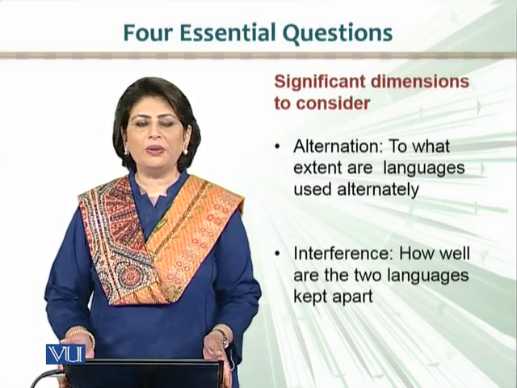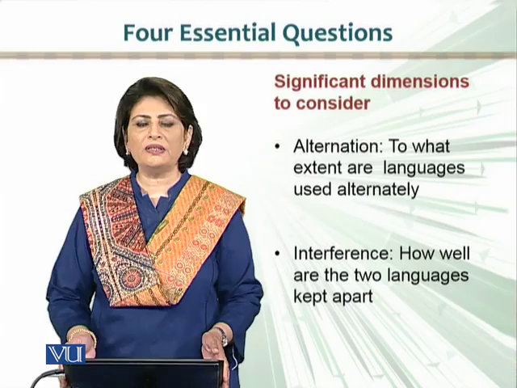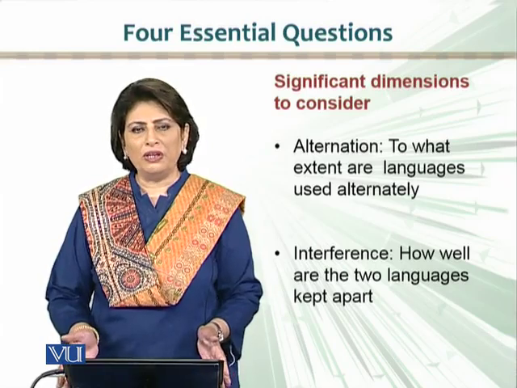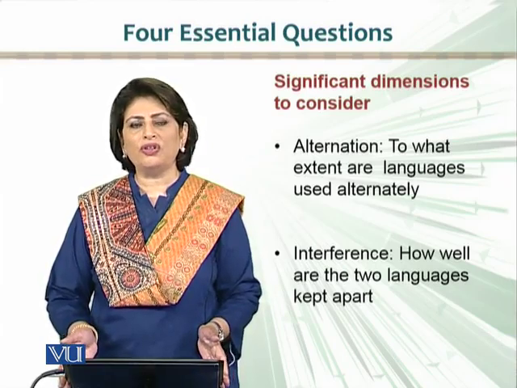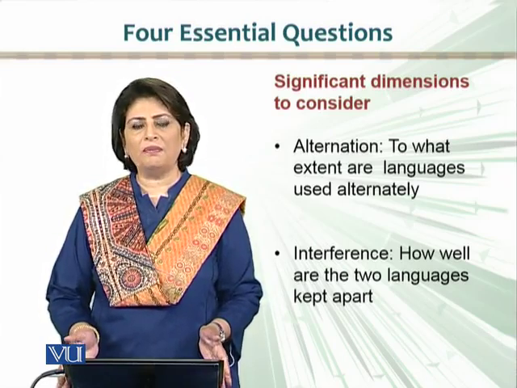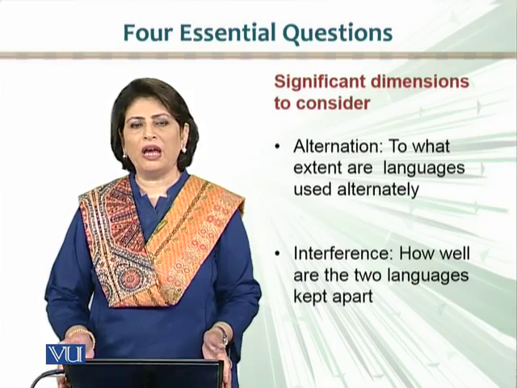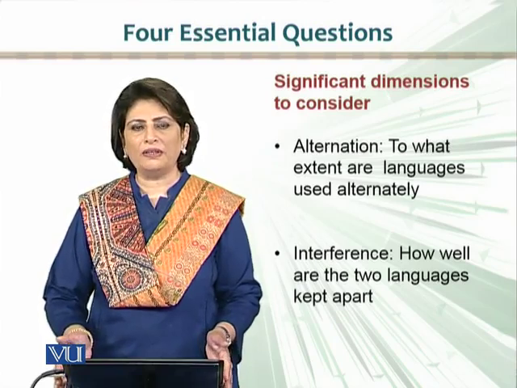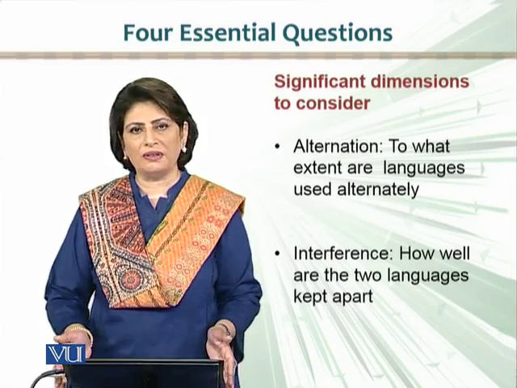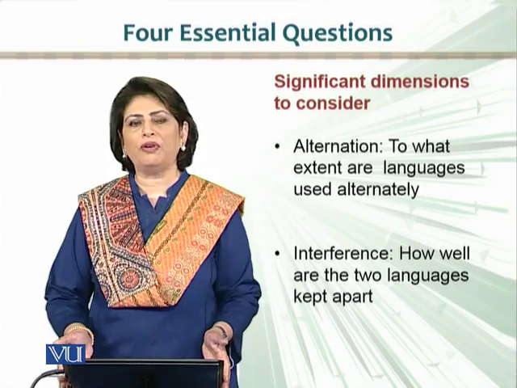And lastly, if we want to describe bilingualism, then we need to understand the question of interference. How much does a bilingual keep the two languages separate, or has the ability of understanding the two language systems as they work separately from each other?